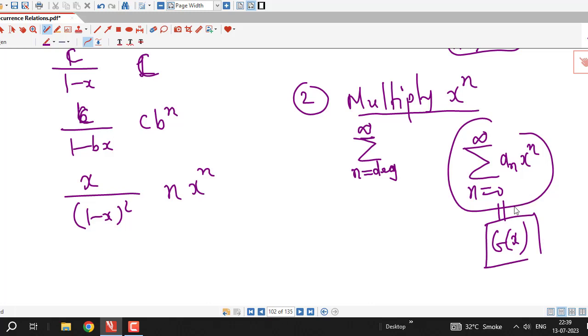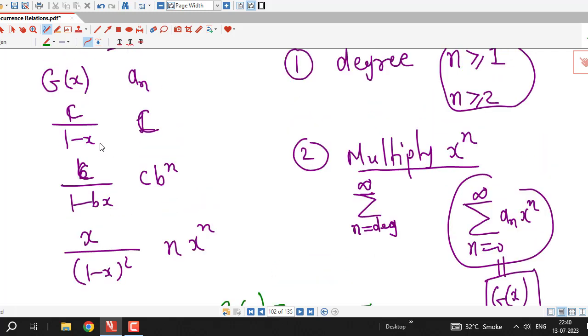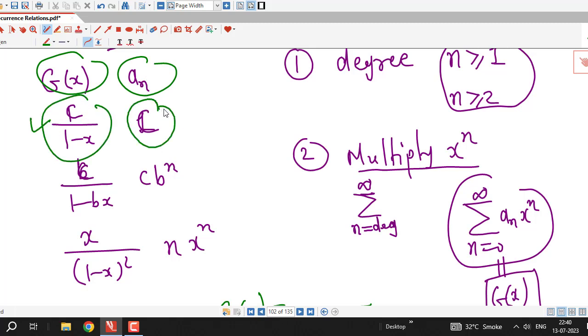And once you can do this, you have to find out the formula for the generating function, and then use this type of thing: if you have this function of x, the corresponding sequence is c or constant.